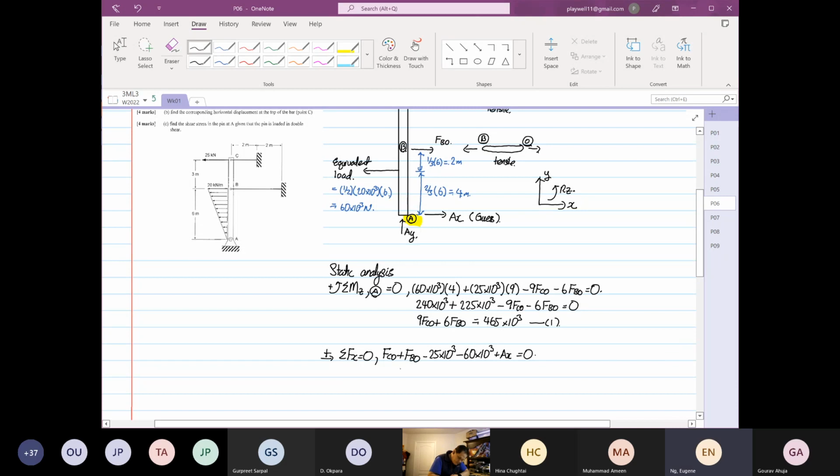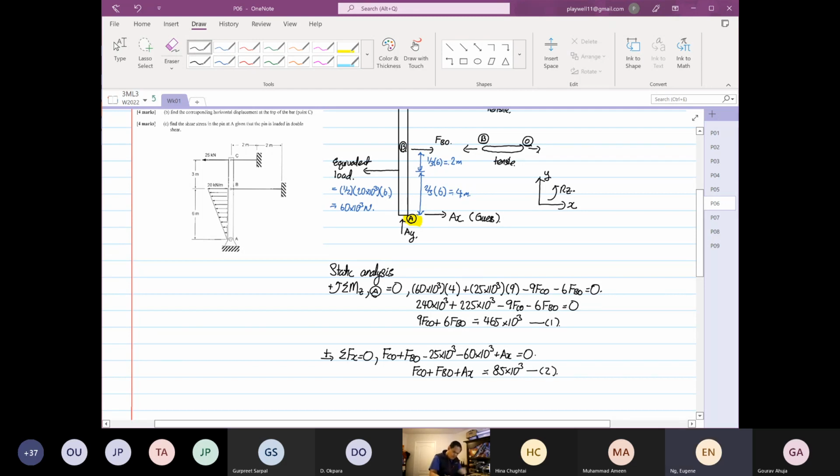So FCO plus FBO plus AX is equal to 25 times 10 to the power 3 plus 60 times 10 to the power 3, which is 85 times 10 to the power 3. This is our equation number 2.